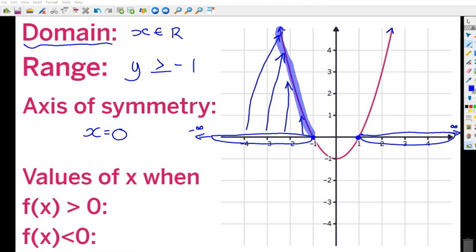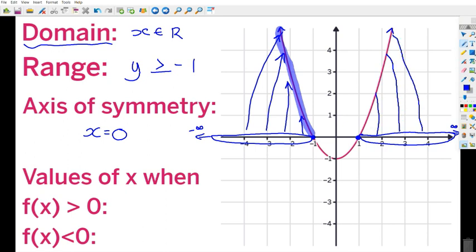Where's my graph? Is it above or below? It's above. There's my graph, above the x-axis there. So I'm going to highlight that. That's where it's above. There's my x-axis, above the x-axis.